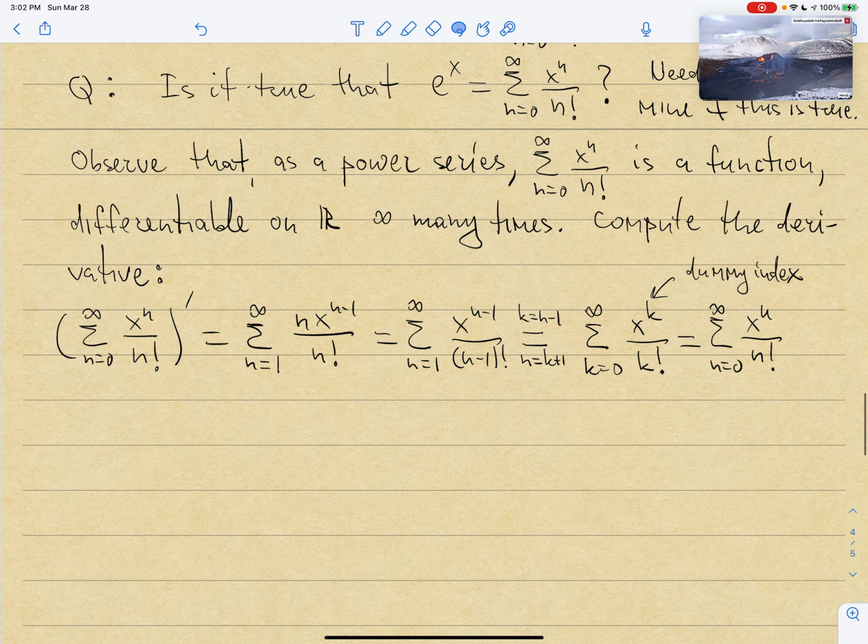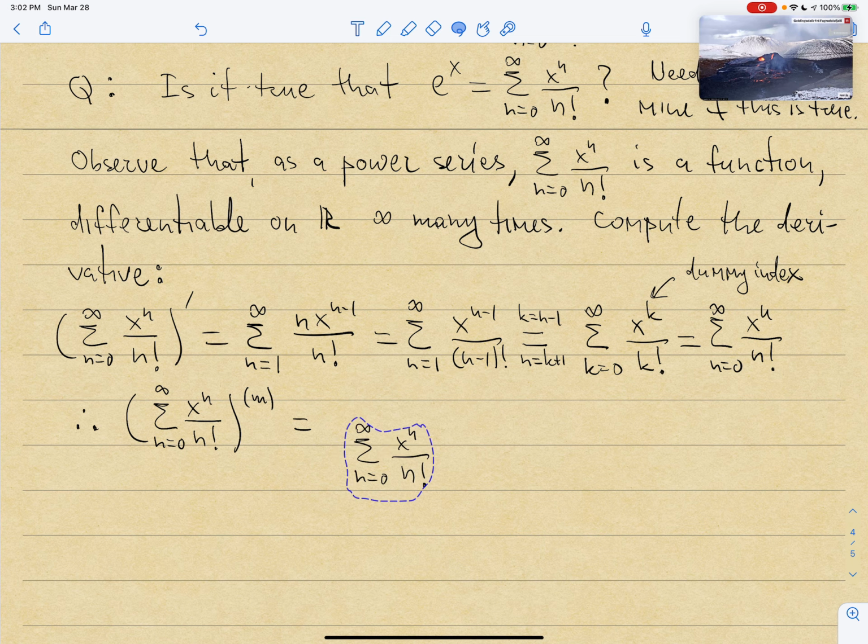So the conclusion then is that if I take any derivative, let's say m times, I'm going to recover exactly the same function that I started with.